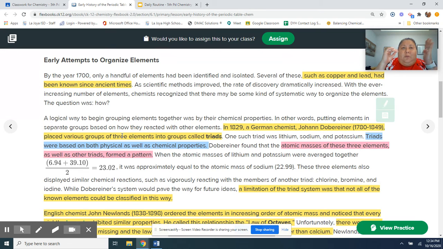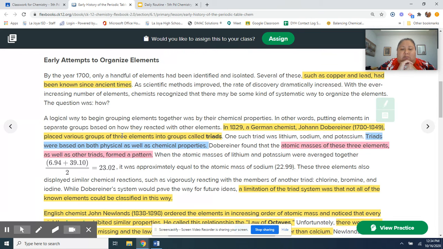So if group 1 gets rid of that one electron and gives it to group 17, they'll both have 8 electrons in the outer orbital, meaning that they'll be very, very stable in comparison to where they were before. Okay, so group 1 and group 17, they're besties. They like to come together because they are able to even each other out. That's one of the reasons why they react together all the time.